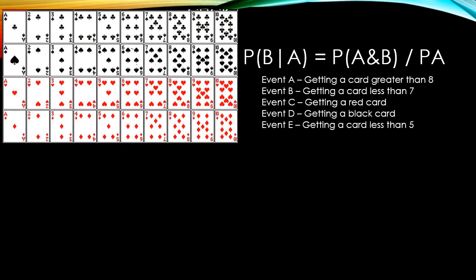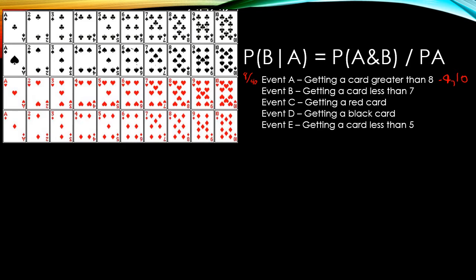So event A is getting a card greater than 8. So for A, that's going to be 9 and 10, because greater than 8 doesn't include 8. So for event A, we have 8 out of 40 cards. Now event B, getting a card less than 7. Which numbers are going to be included in this?